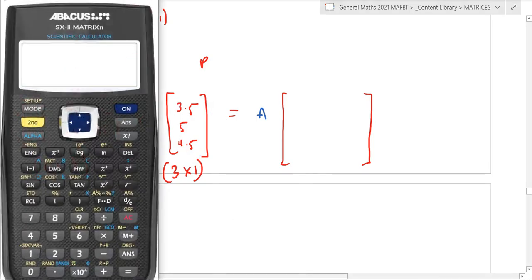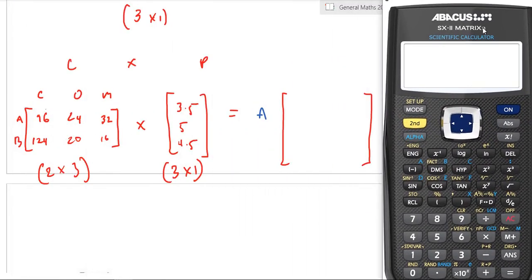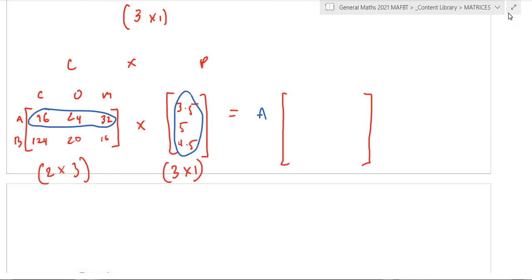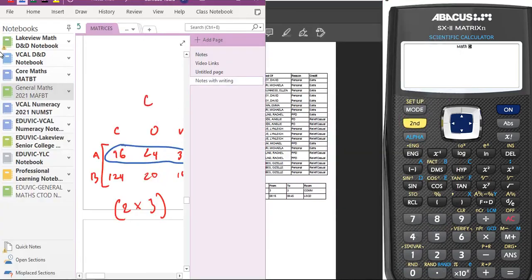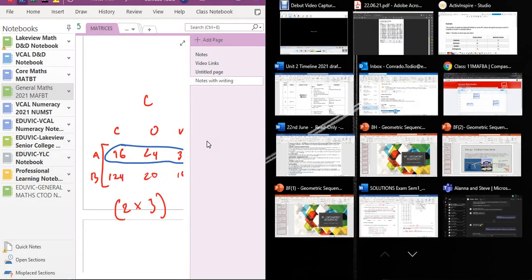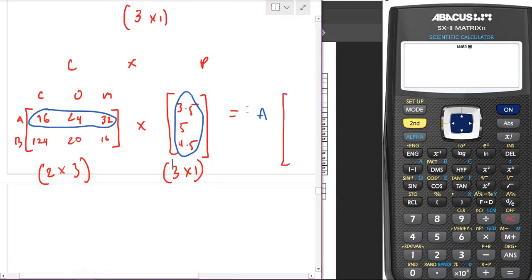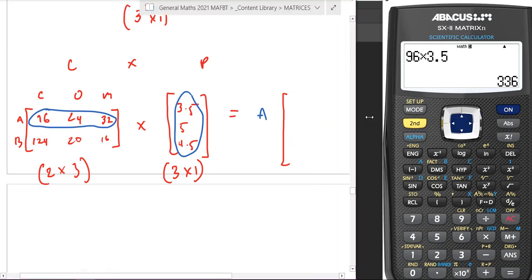Now I'll use my calculator. First one is this row times this column here. So this row times that column, that means 96 times 3.5, which gives 336. Ideally, you could actually use your CAS for this, and that's totally fine.